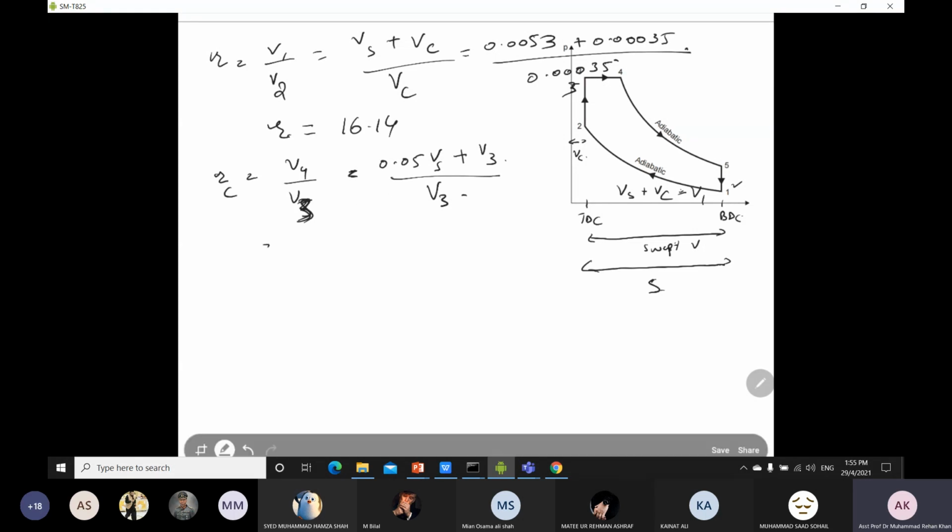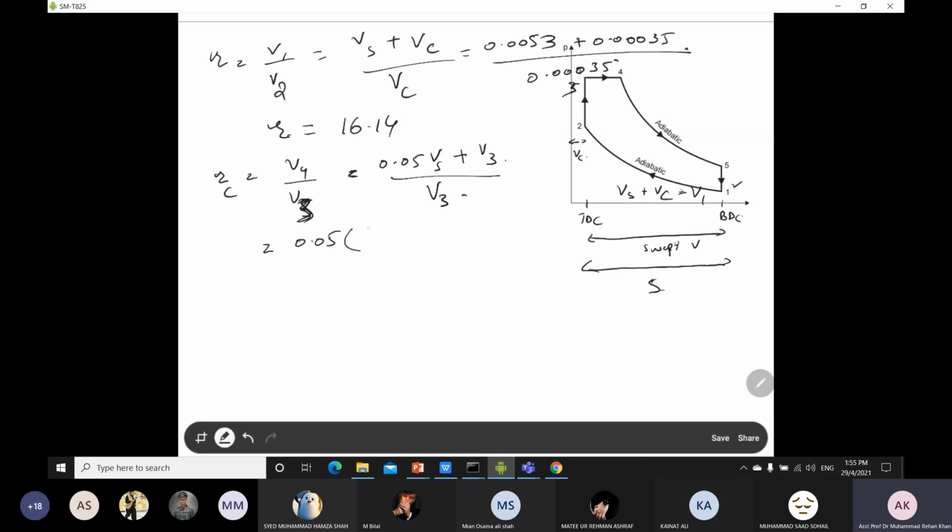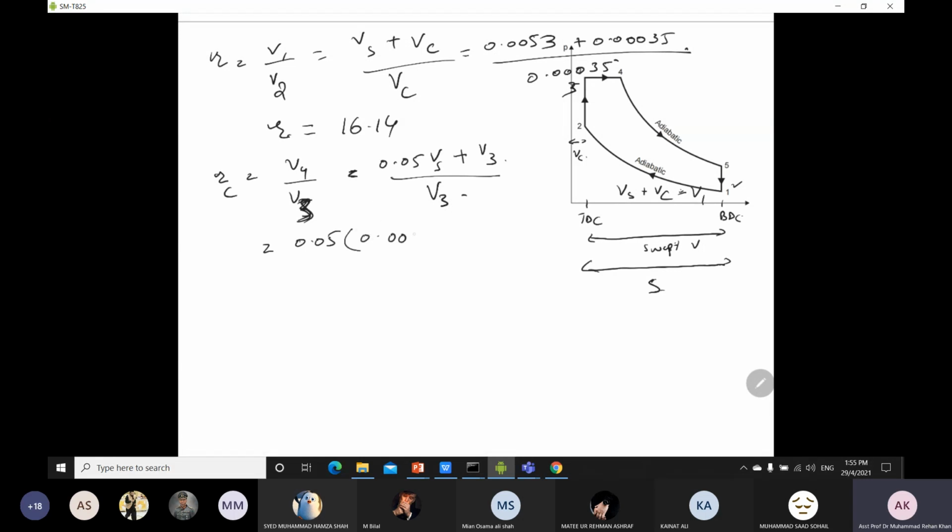So now we can put the values in it and easily find the cutoff ratio. It will be 0.0053, clearance volume 0.00035, and from here if I solve it, it will be 1.76, which is your cutoff ratio.